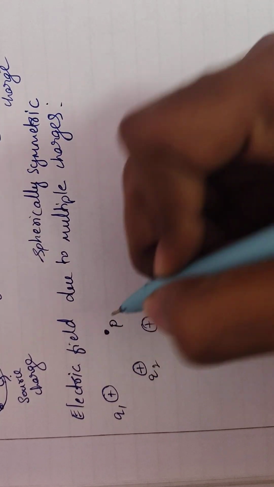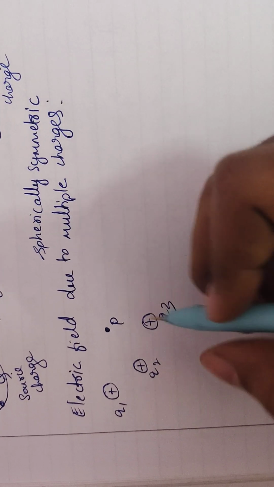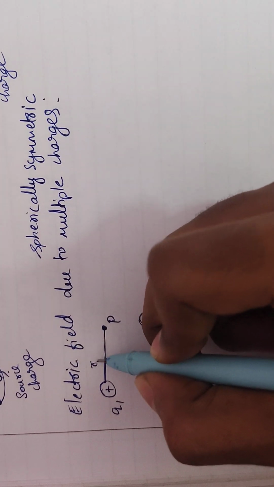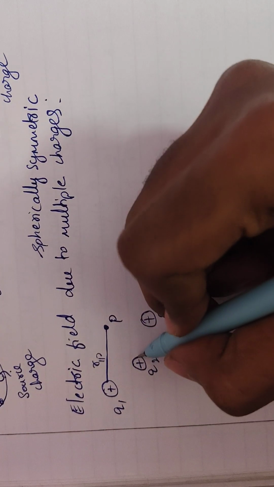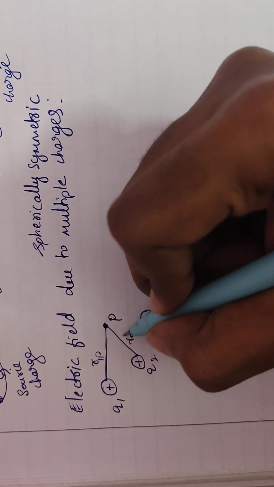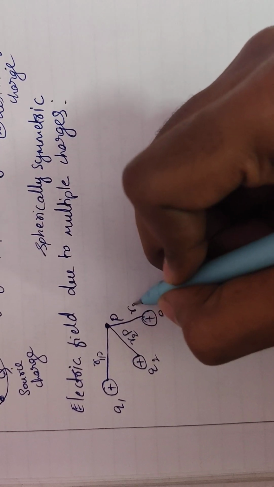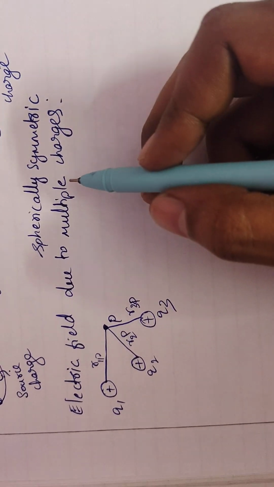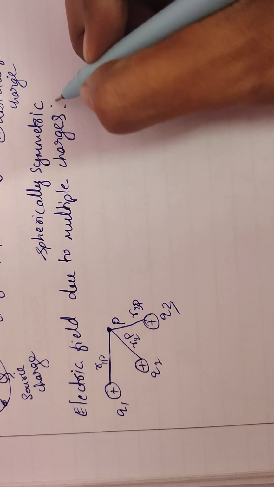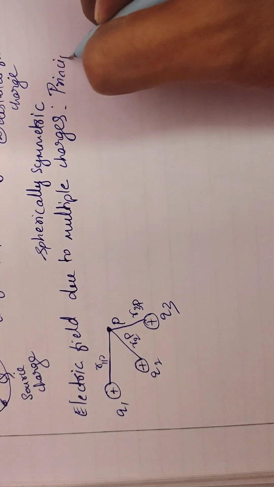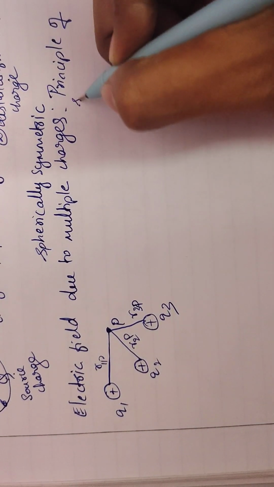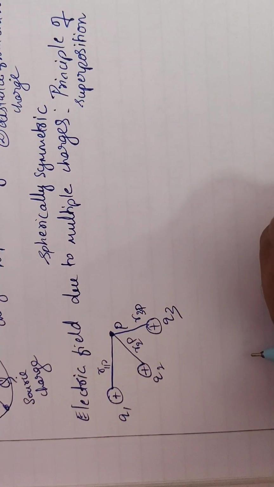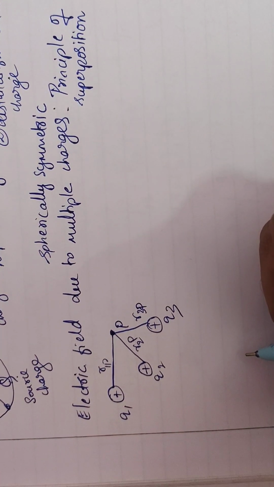Now consider point P in three-dimensional space. Let the distance from charge Q1 to point P be R1P, this distance be R2P, and this distance be R3P. Now what electric field due to multiple charges tells you is that it also obeys the principle of superposition.